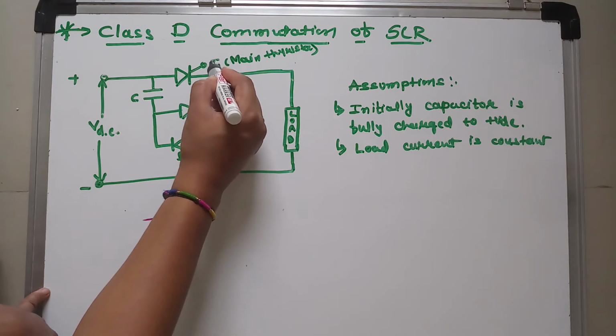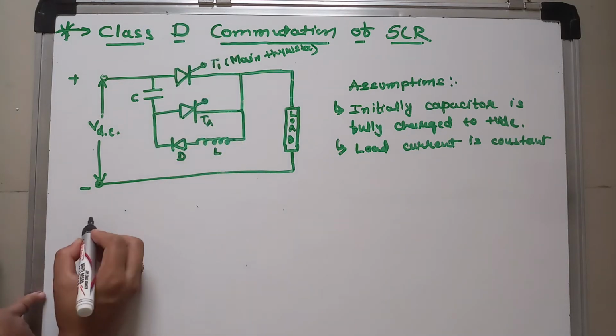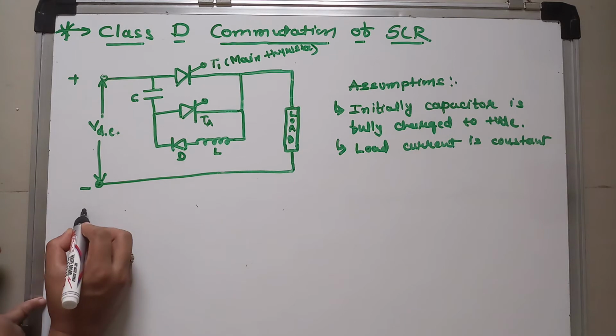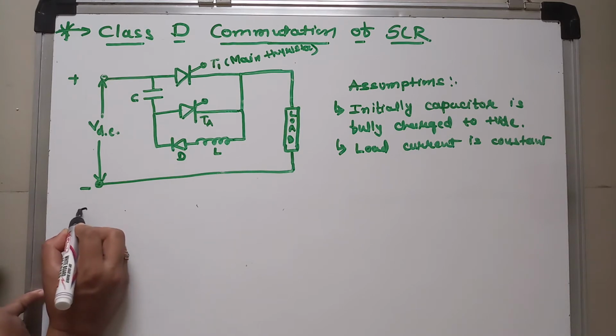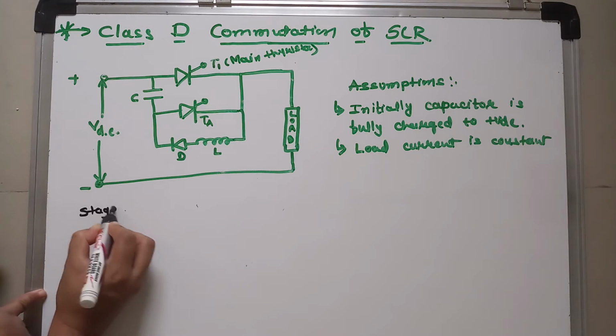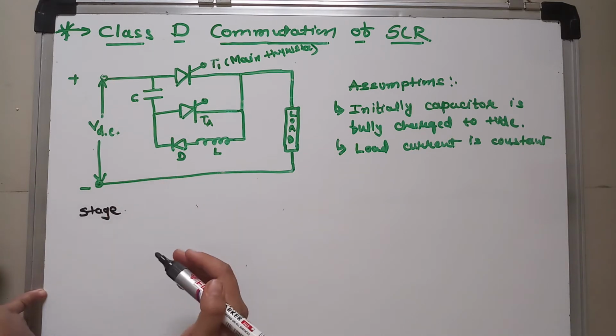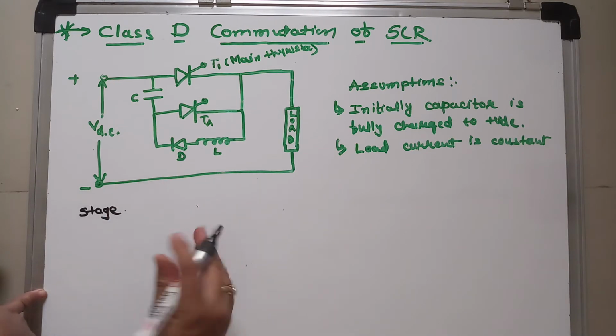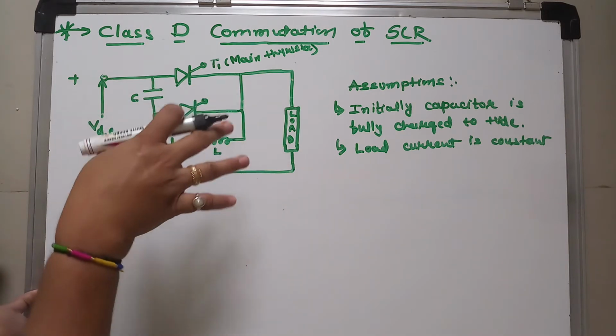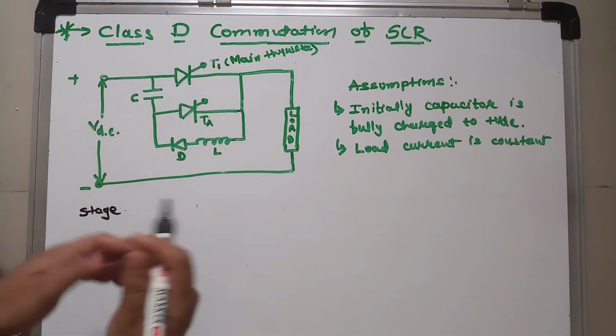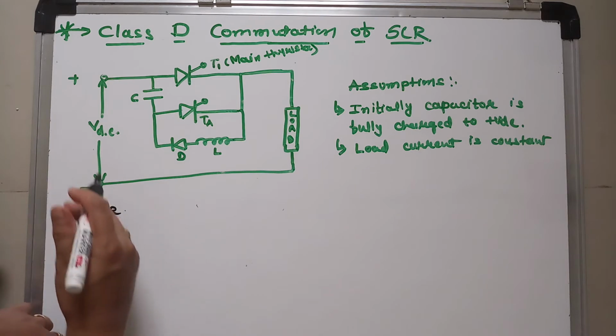I will explain this step by step, stage wise, so you can easily understand the working of the Class D commutation.